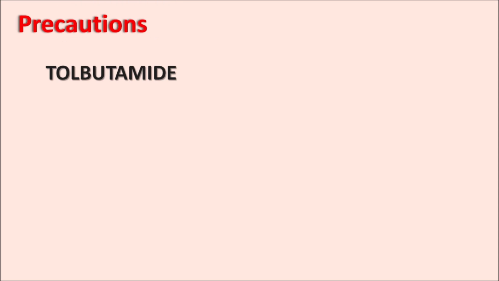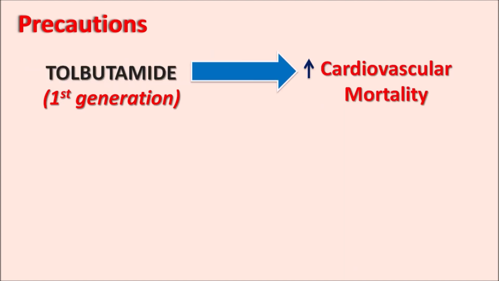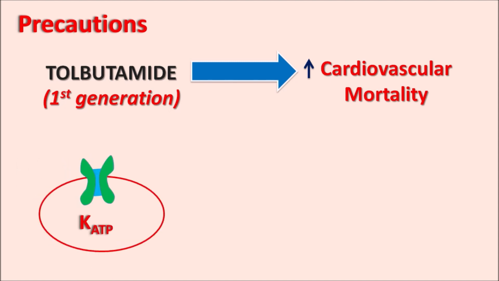Among the sulfonylureas, tolbutamide is the first generation sulfonylurea. This drug was withdrawn from the market because it increases cardiovascular mortality, even though the exact mechanism is not clear. Tolbutamide targets the ATP-sensitive potassium channels present on the heart. We know that these drugs block the ATP-sensitive potassium channels present on the pancreatic beta cells, but at the same time they also have some affinity for ATP-sensitive potassium channels present on the heart.